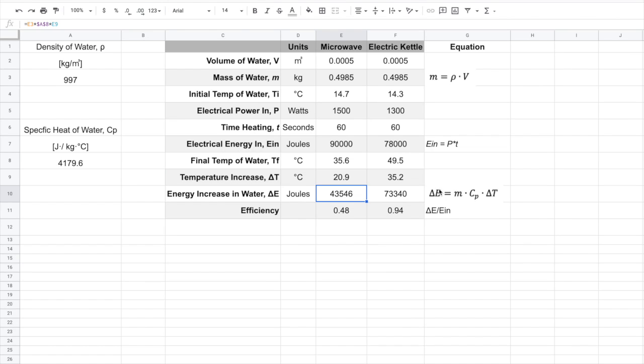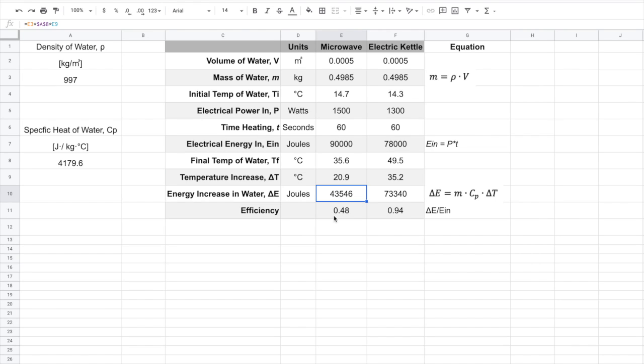And the equation is written here off to the side, which is the change in energy is equal to the mass of the water times the specific heat of the water times the change in temperature. So that's essentially what I did. I took the mass times the specific heat times the change in temperature that was observed, and that gave us a value for how much energy actually went into the water.